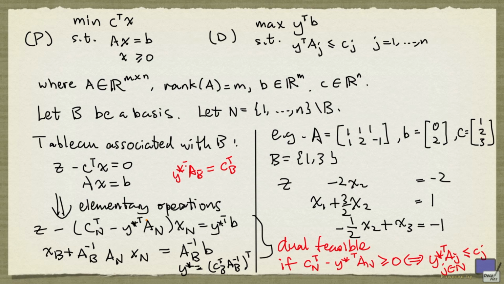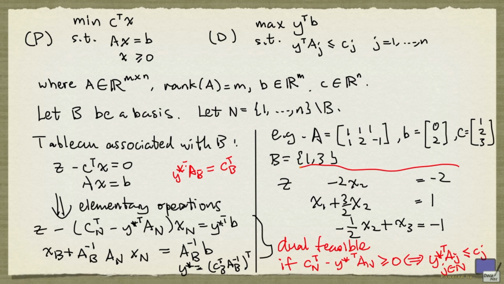And that's why it's called a dual feasible tableau. Because the y star that is obtained by computing this is a dual feasible solution. And also, the right-hand side value of the z row is the objective function value of y star.